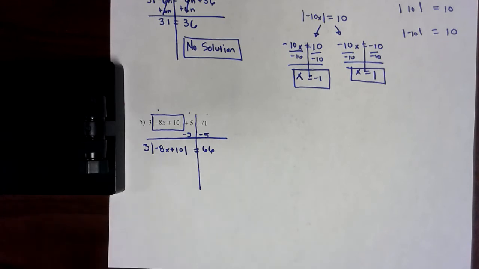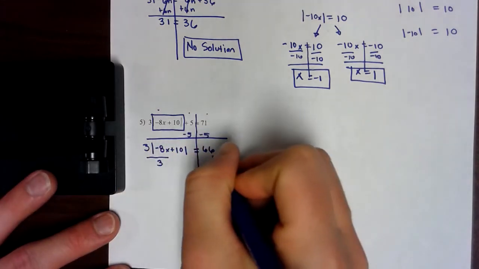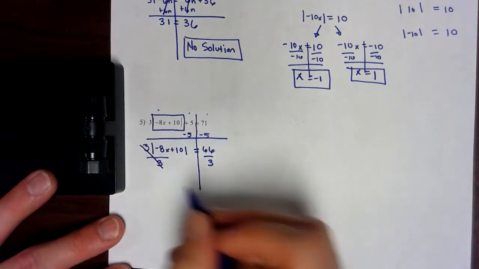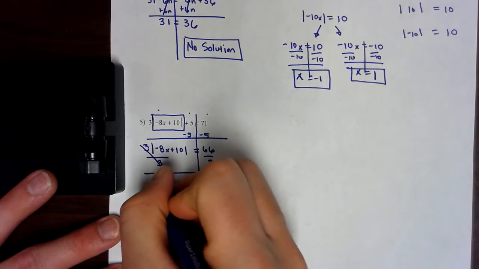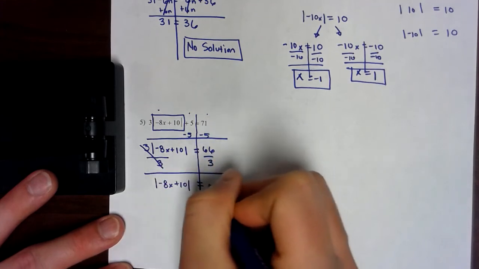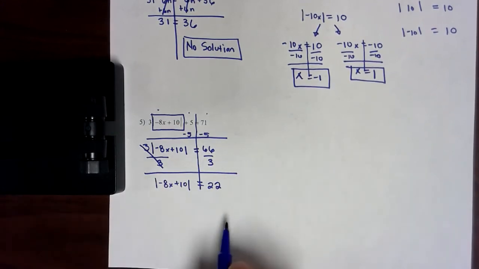The operation when we distribute is to multiply, so we undo it by dividing. I divide 66 by 3, which gives us 22.